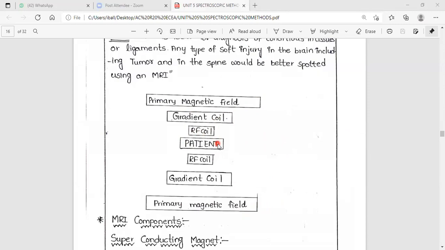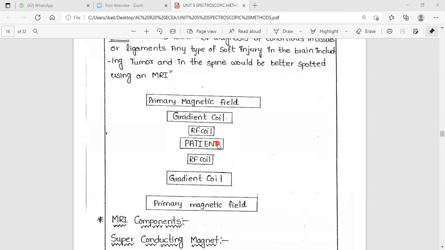The abnormal part contains higher temperature. The abnormal part contains water content, and the abnormal part contains hydrogen. The hydrogens present in the abnormal part are at a higher temperature. Generally, if there is any abnormality in the human body, the first reaction we see outside is higher temperature.